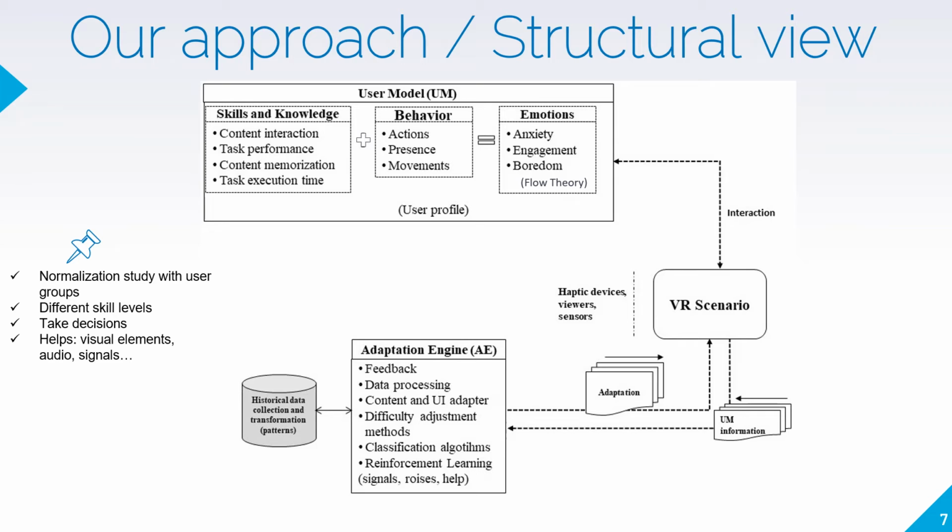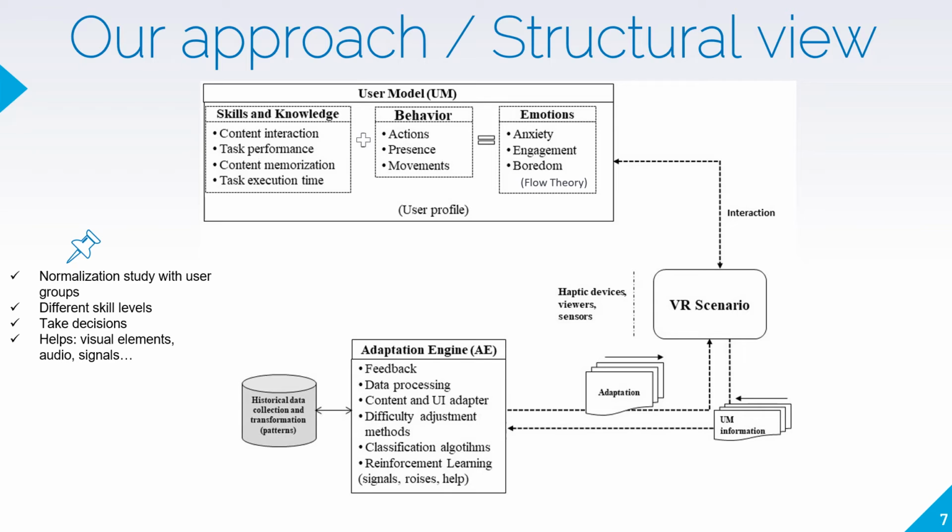The adaptation engine is there to know what to do and make decisions about next steps. The adaptation engine depends on the data processing of the information collected from the user model. A user ranking algorithm places the user into groups based on the similarity of skill.